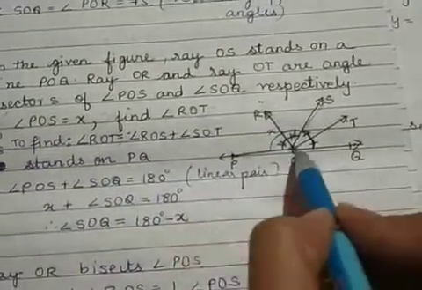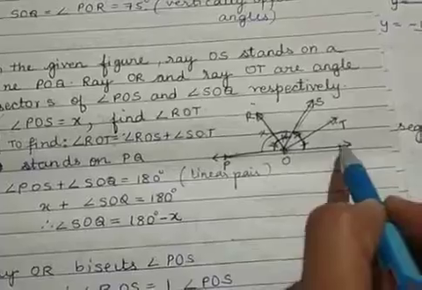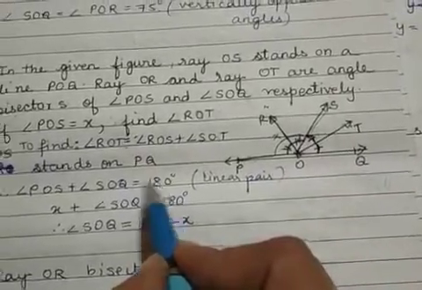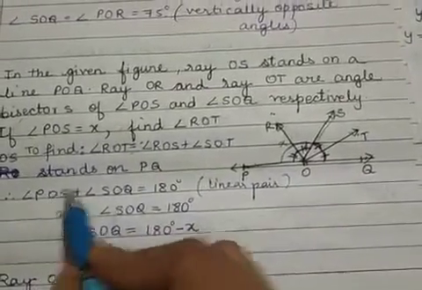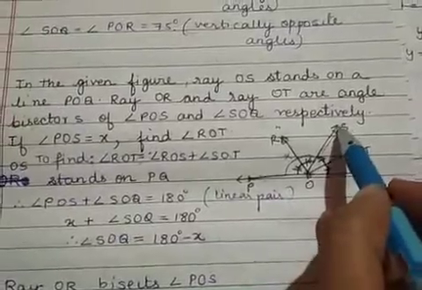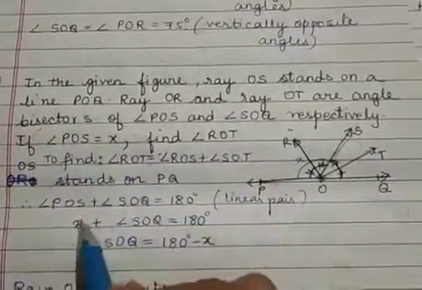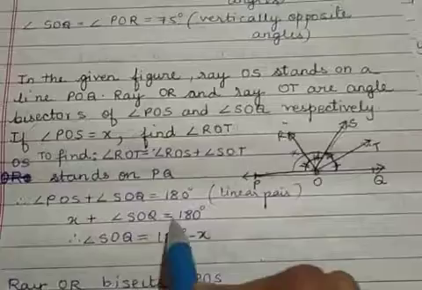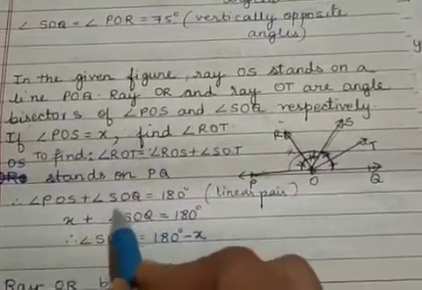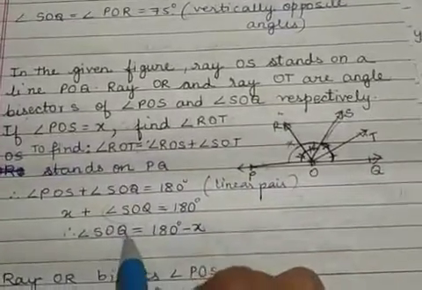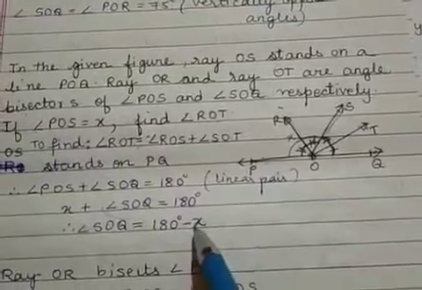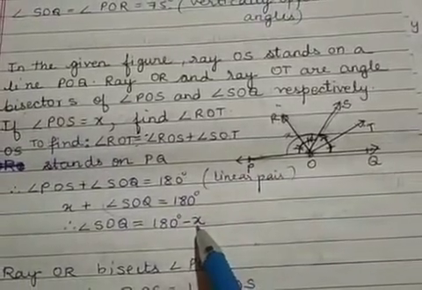So angle POS plus angle SOQ is equal to 180 degrees. What is angle POS? Angle POS is X. So X plus angle SOQ is equal to 180 degrees. So what is angle SOQ? Angle SOQ is 180 degrees minus X.